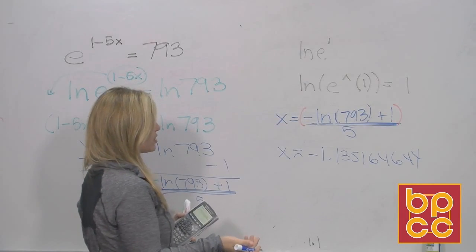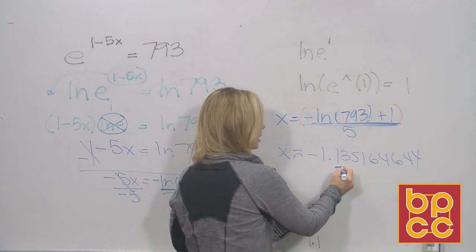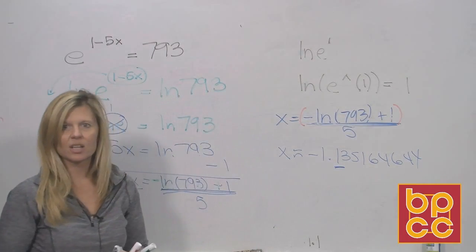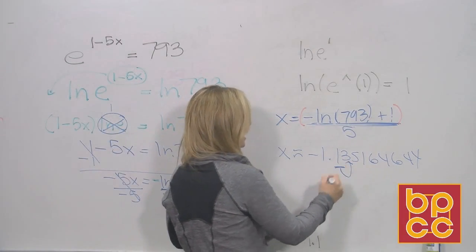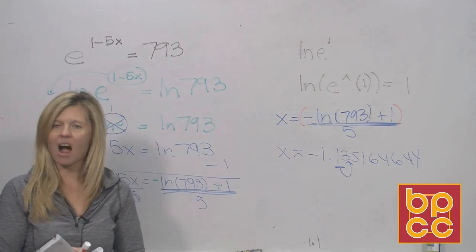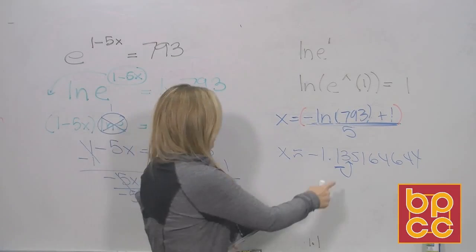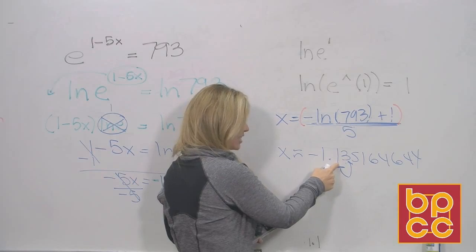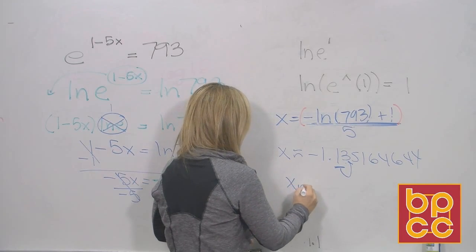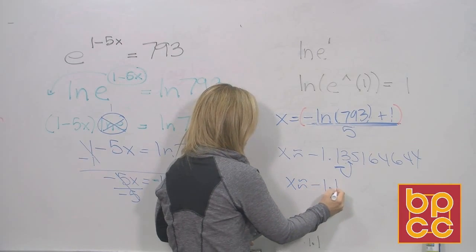Let's suppose we're going to round this to the nearest tenth again. That digit 1 is in the tenths. Is it going to round up or stay the same? Underline the digit, look next door. If that's 5 or higher, it would go up one more. If it's 4 or lower, you ignore. That's a 3. It's lower. That stays the same. You ignore. So this would round to approximately negative 1 and 1/10.